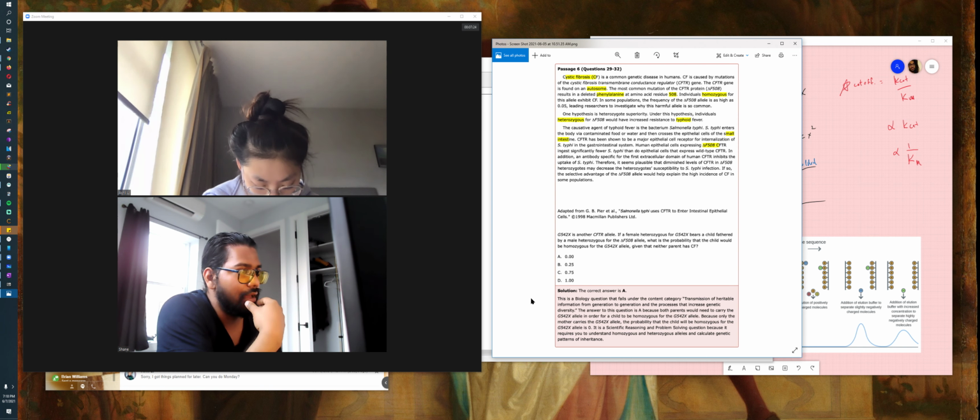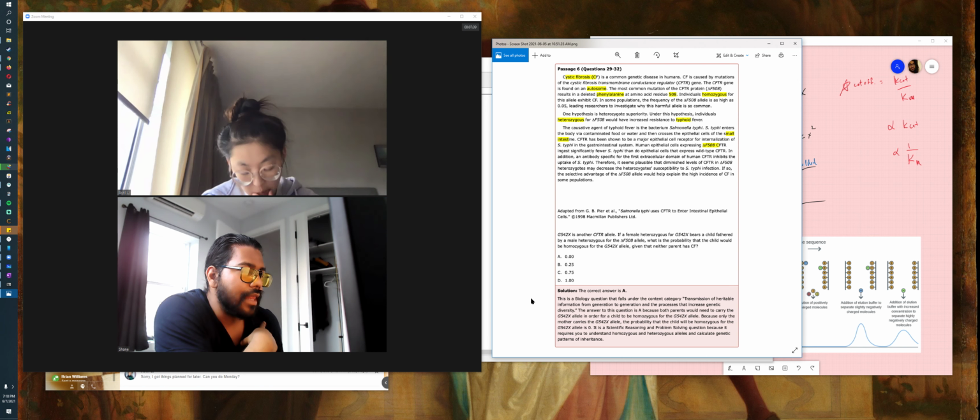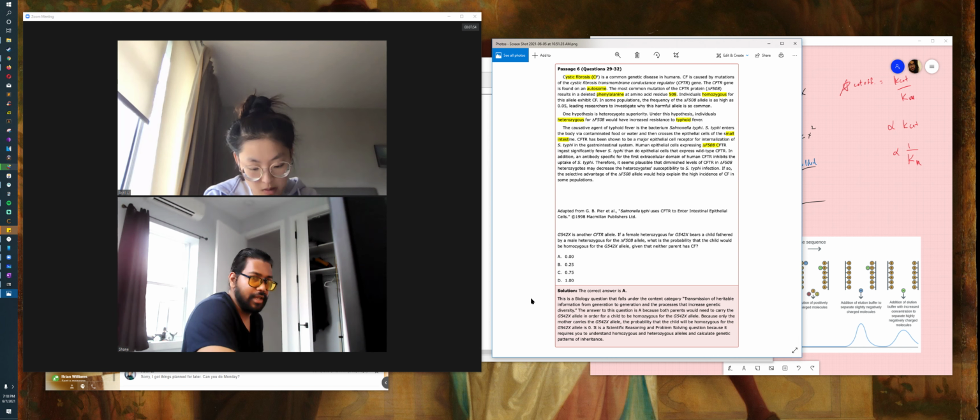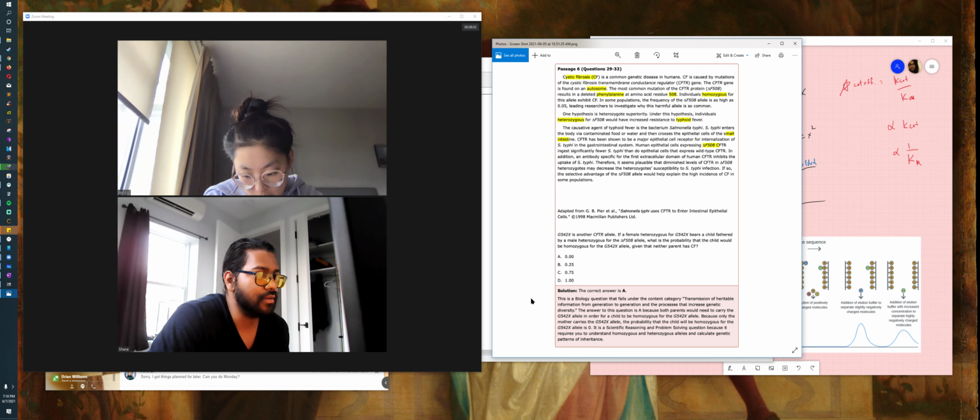So they're saying that there's another allele, and a female is heterozygous for it. And then the male is heterozygous for the one that they talk about. What's the probability that the child would be homozygous for that allele, given that neither... Oh, okay. So if you do a Punnett square kind of thing, they would have to be homozygous for that G542X allele.